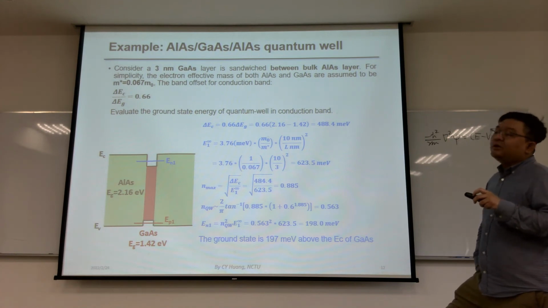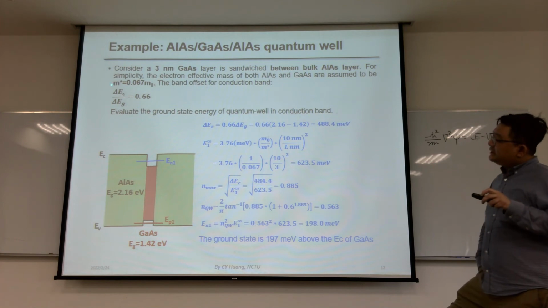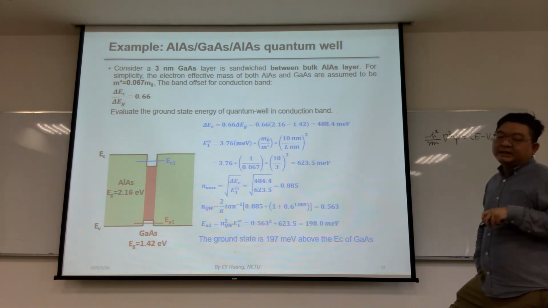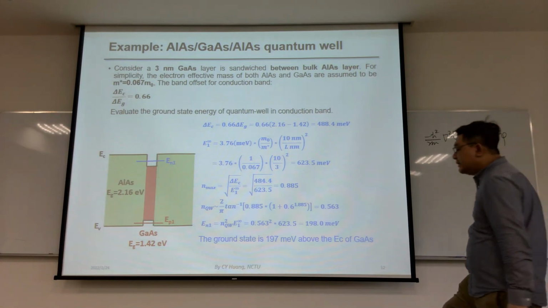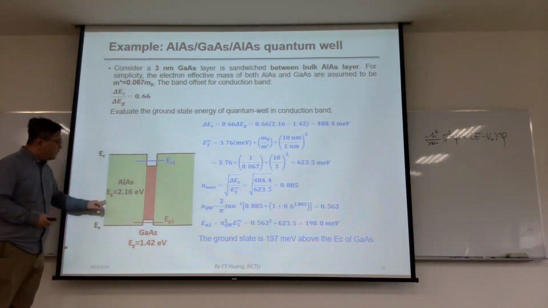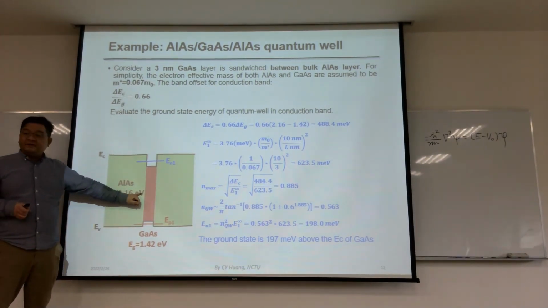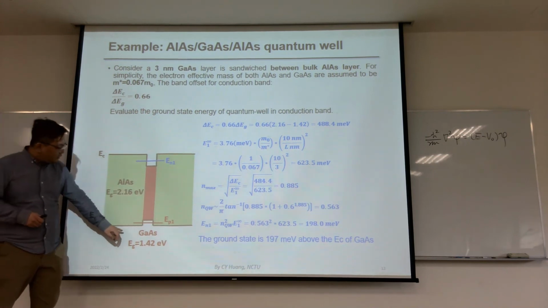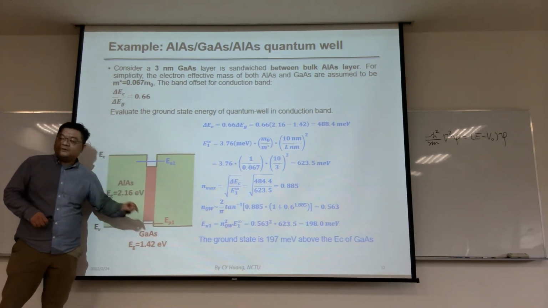Then the band offset. The band offset means the ratio of delta EC divided by delta EG. For example, say the band offset delta EC over delta EG is 0.66. That means if the band gap of aluminum arsenide is 2.16 eV, then the band gap of gallium arsenide is only 1.42 eV.